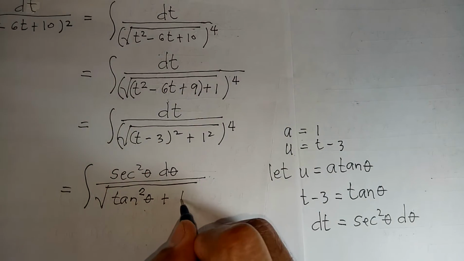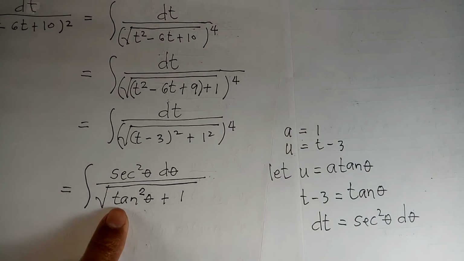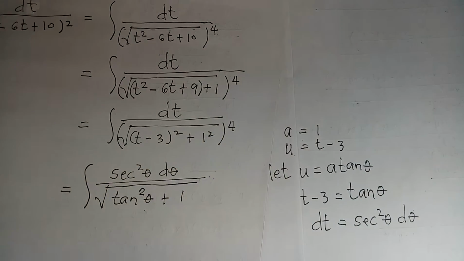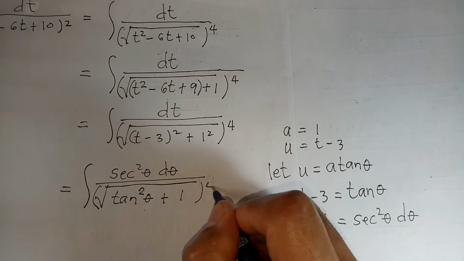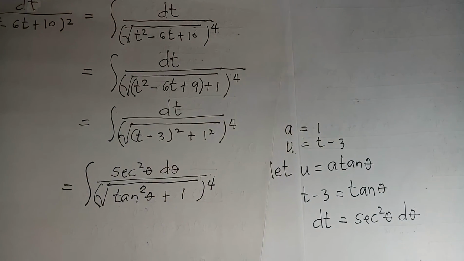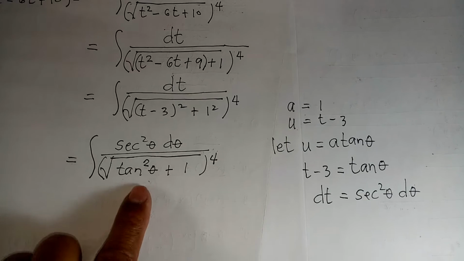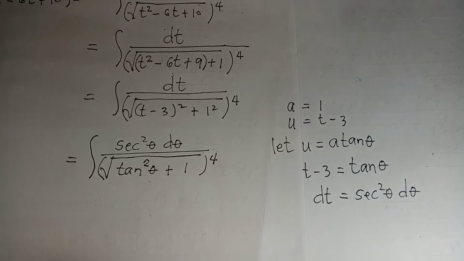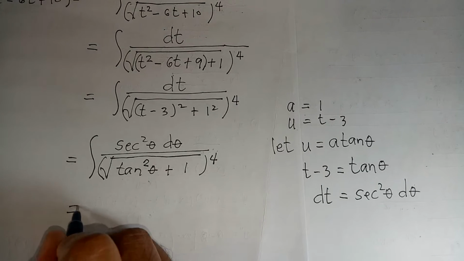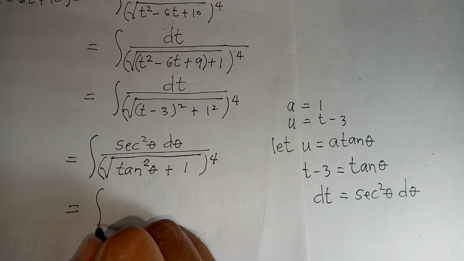So, plus 1. Now, naka-raise sa 4, kaya re-raise din natin sa 4. Yung tangent squared plus 1 equal din siya sa secant squared of theta. So, papalitan natin siya ng secant squared of theta.